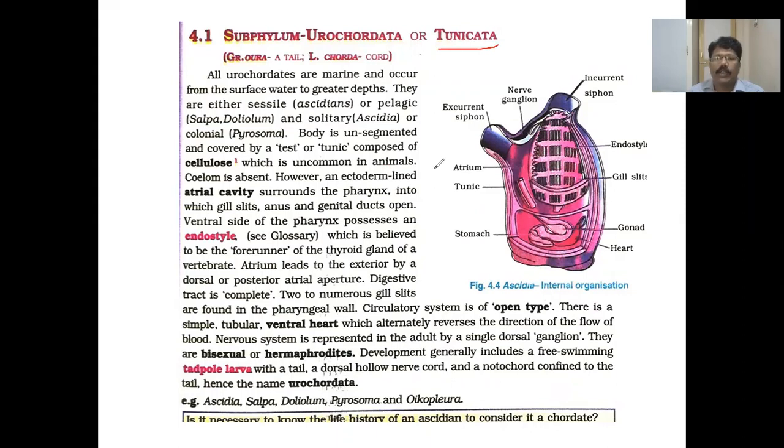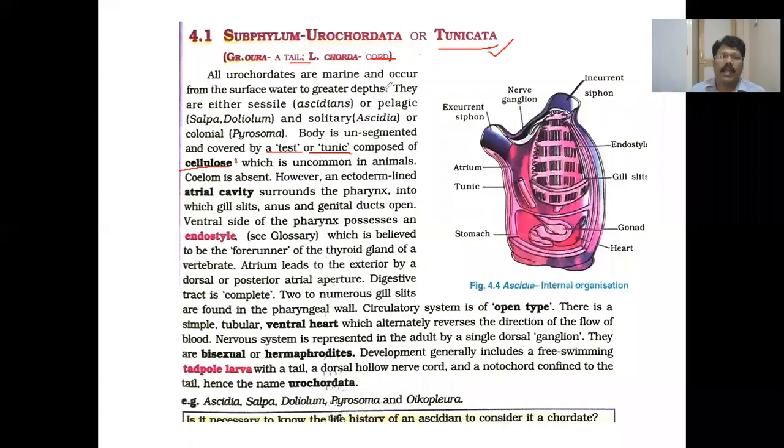Because the body is covered by a cellulose-like structure, which is known as the tunic, or it is called the test. Hence these are called tunicates. Uro means the tail and chorda means the notochord.